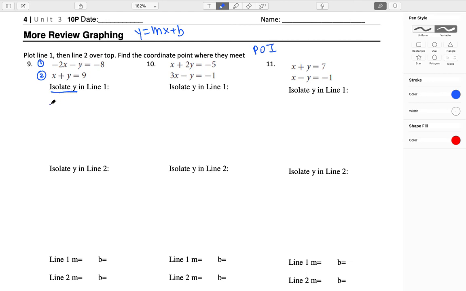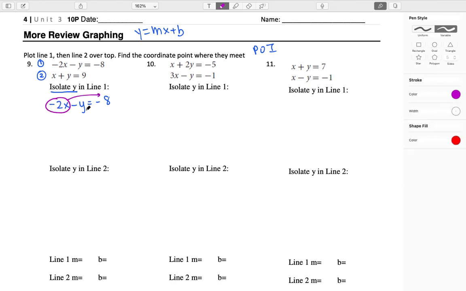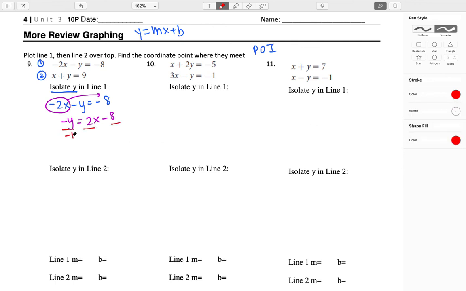So for equation 1, I want y to be alone, so I'm going to move negative 2x to the right side. So I have negative y equals positive 2x minus 8. And I'm going to divide everything by negative 1, because negative 1 is in front of y. So it cancels out.